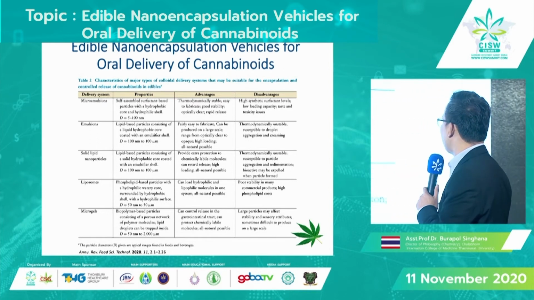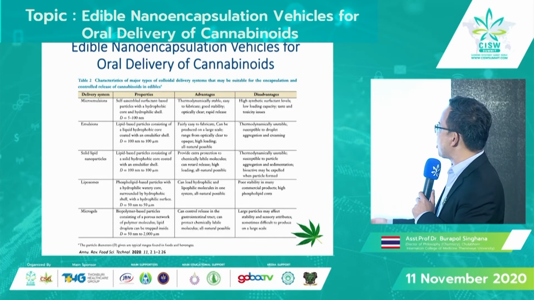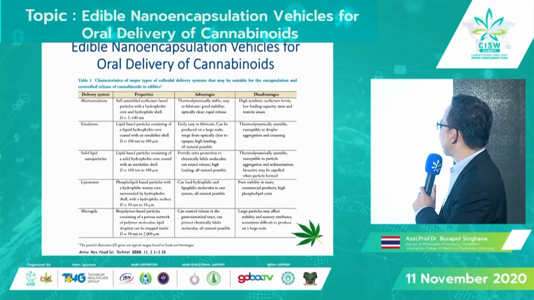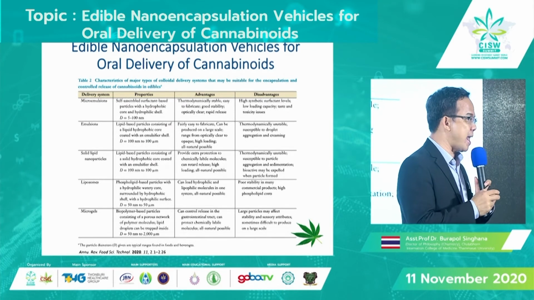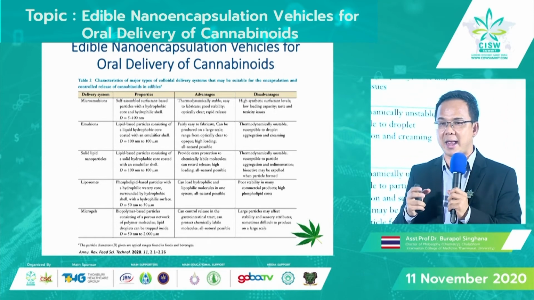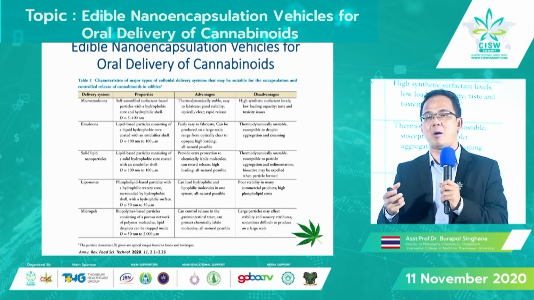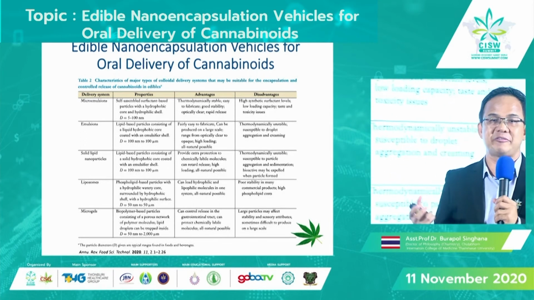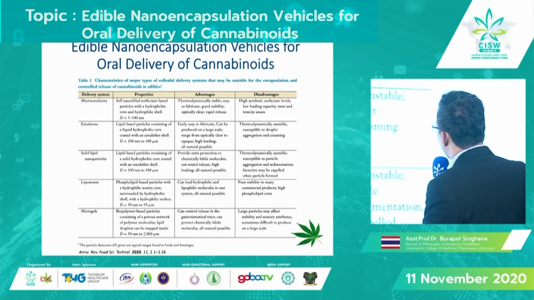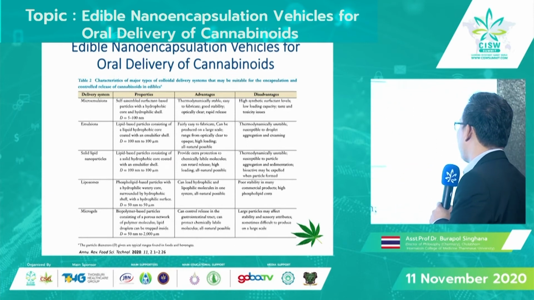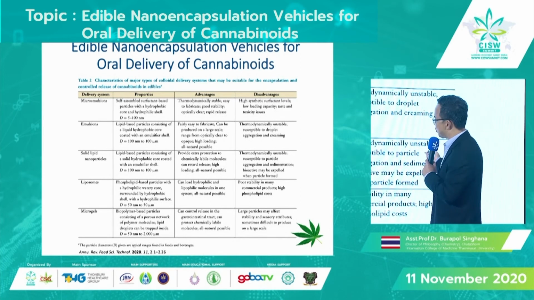But the bad thing is that to make microemulsion you require a high synthetic surfactant level, which is not good, because if you want to make something you can eat, you have to use food grade or natural surfactant. It also has low loading capacity, and you face taste and toxicity issues.